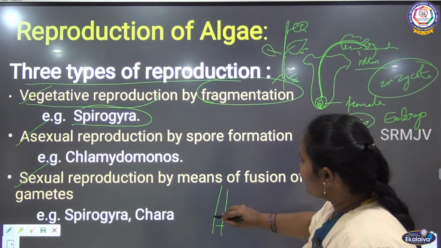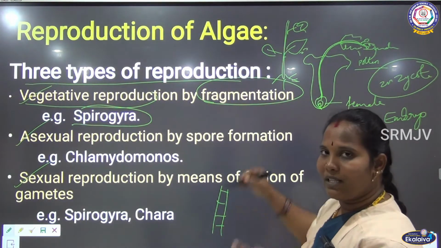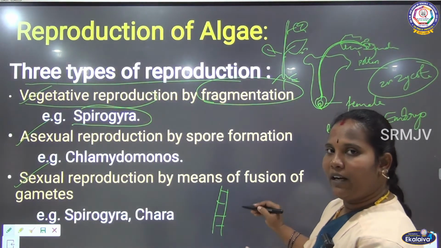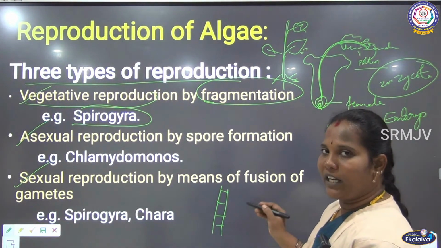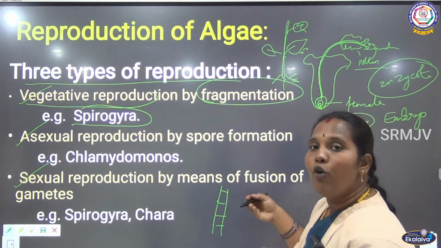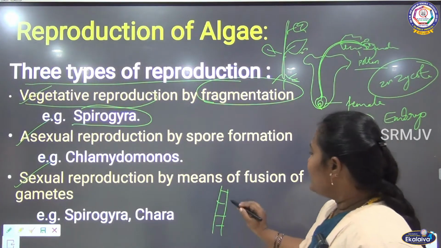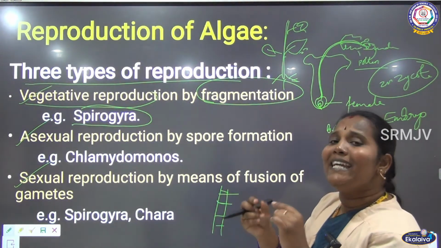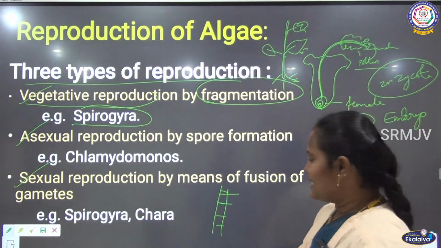Actually this is the structure of Spirogyra, they have a filament structure. We cannot differentiate it as root or stem, there is nothing like that. So how do they multiply? The body part is fragmented. Fragmented means they are divided into small pieces.